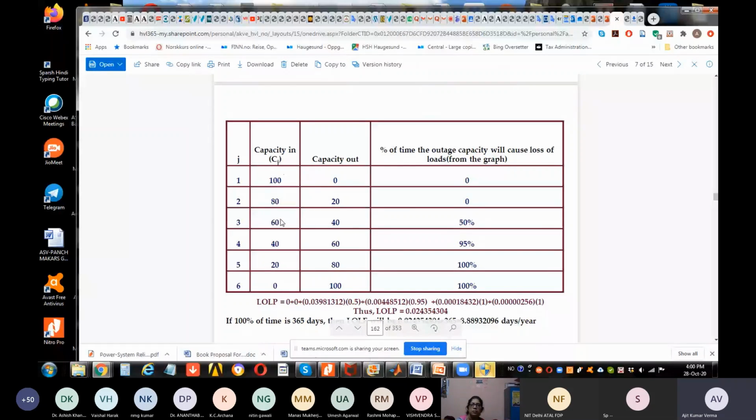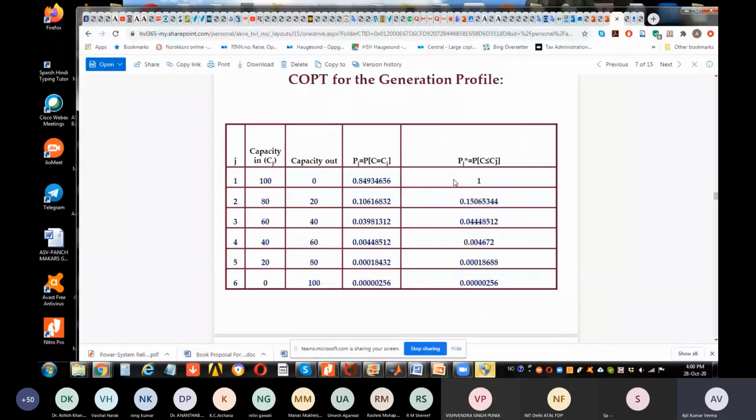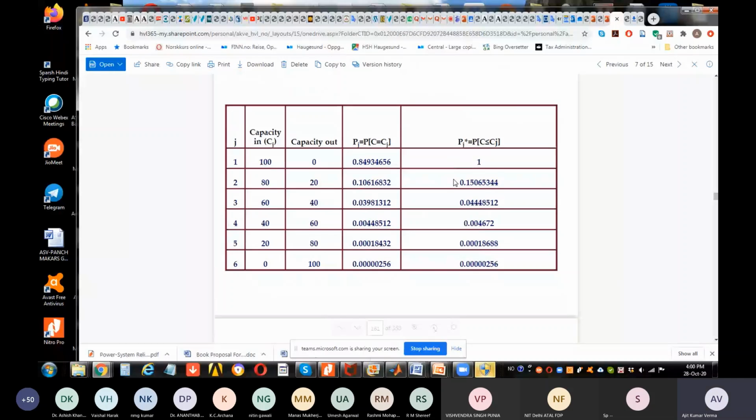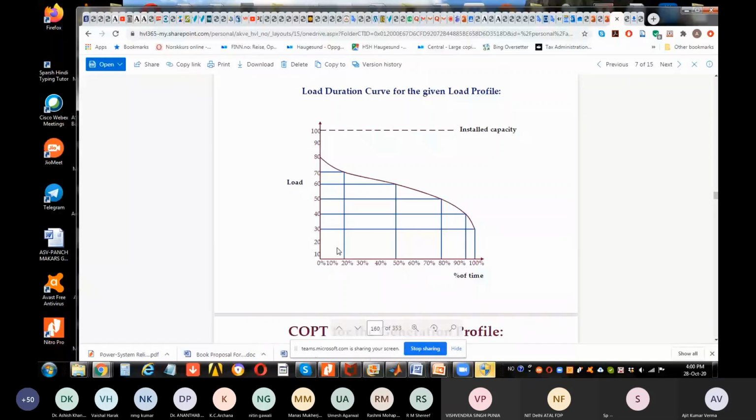Then 40 to 80, what is the percentage of time for which the load will be lost? 40 to 80, 95% of the time. And then 20 to 80 is 100%, because the load is not lower than 30.